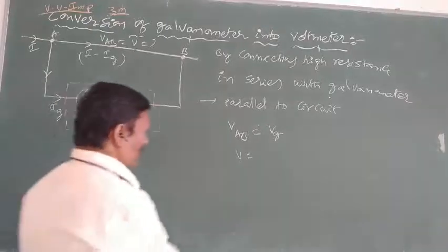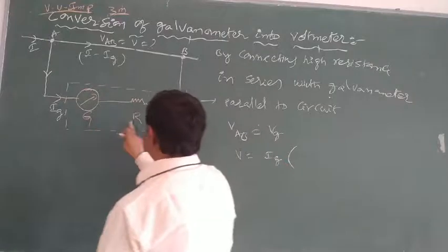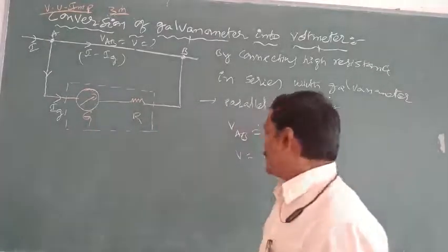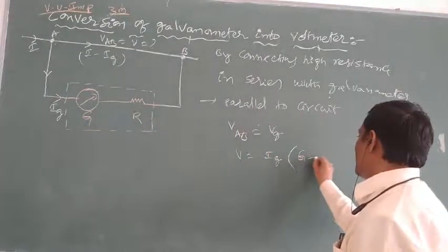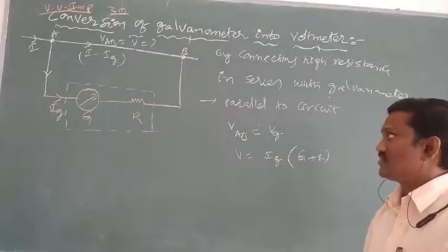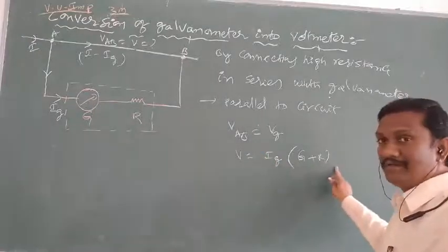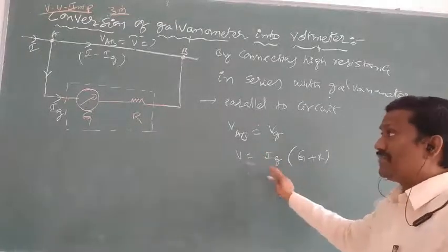Across the galvanometer, the current is IG. The G value and R value are joined in series. In a series combination, the total resistance is always G plus R, like R1 plus R2. So the potential difference between A and B, V, is IG times (G plus R). Here IG is the current passed through the galvanometer.